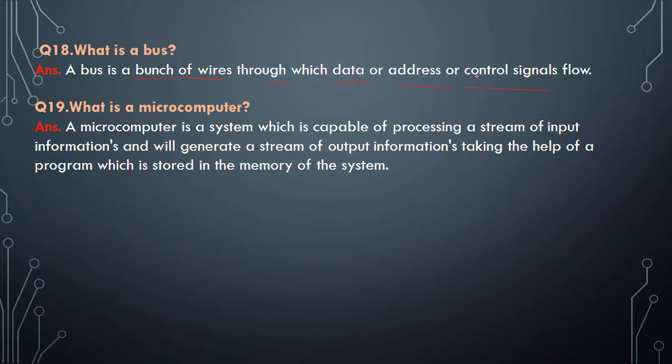A microcomputer is a system which is capable of processing a stream of input information and generating a stream of output information with the help of a program which is stored in the memory of the system.